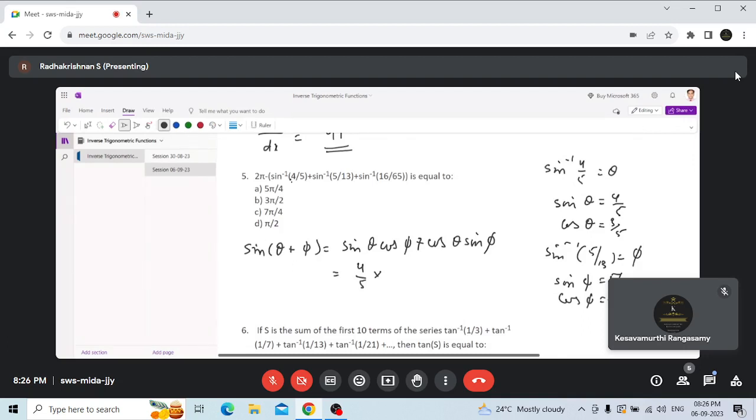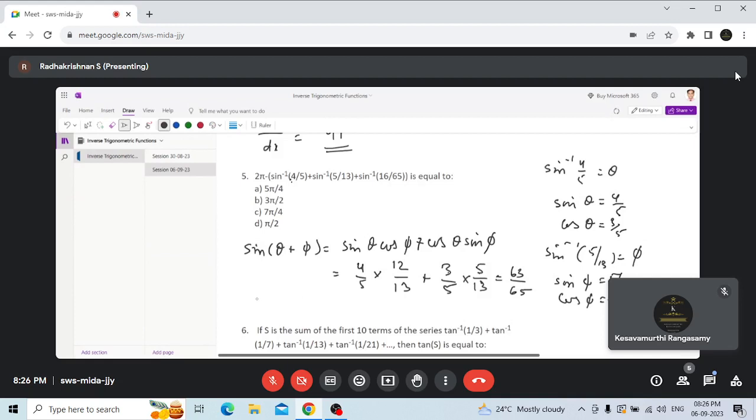You will see that sin theta into cos phi is now 12 by 13, right? Cos theta into sin phi. So this becomes 4 into 12, 48, 3 into 5, 15. So 63 by 65.